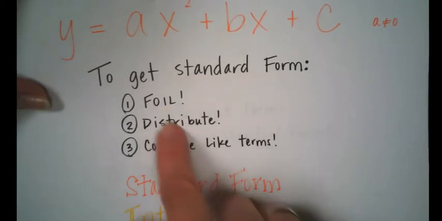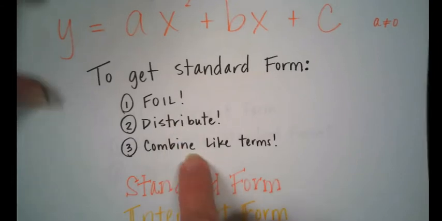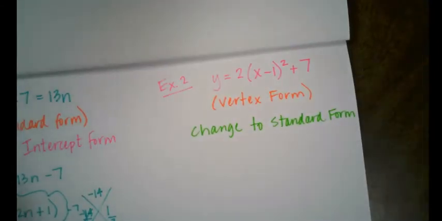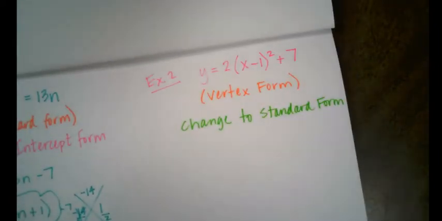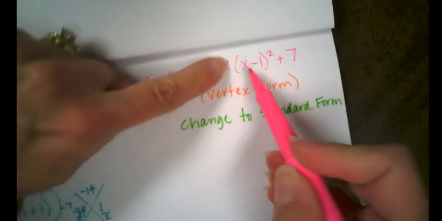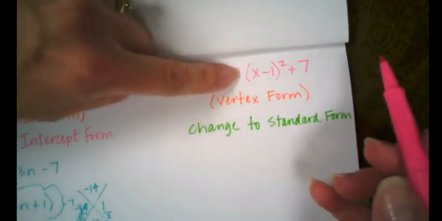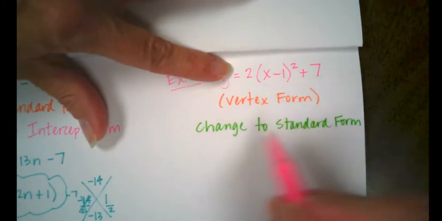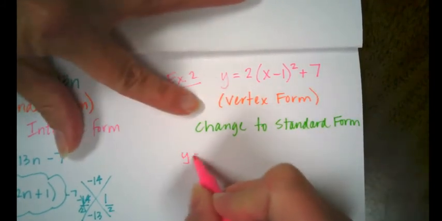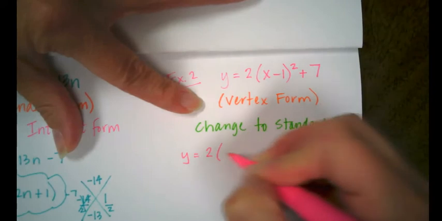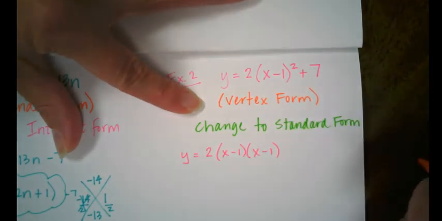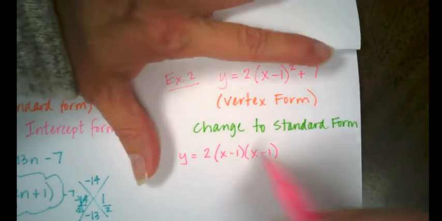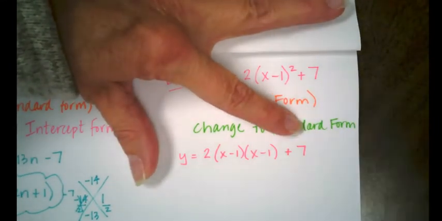So FOIL, distribute, combine like terms. So basically what we're doing is getting rid of the parentheses. All right, so first thing that we need to do is to FOIL this x minus 1 squared. So basically, I'm going to write it out like this. We need to do x minus 1 times x minus 1. Then we'll distribute the 2, and then we'll add the 7.